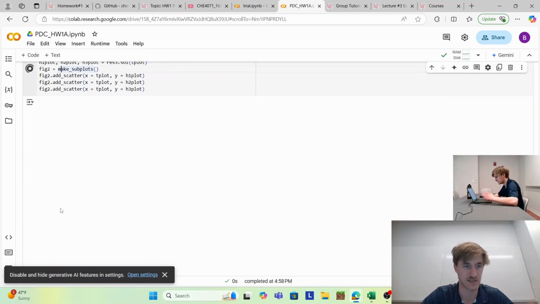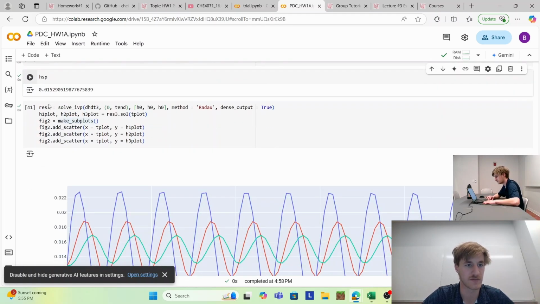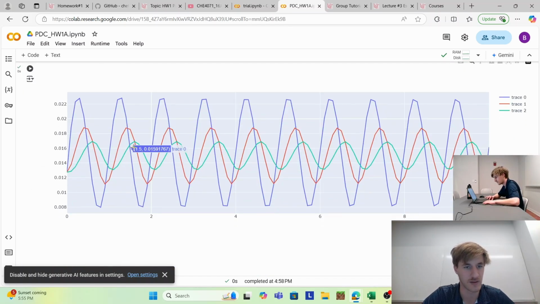As you see here, set point 0.015, it's oscillating right around that value.